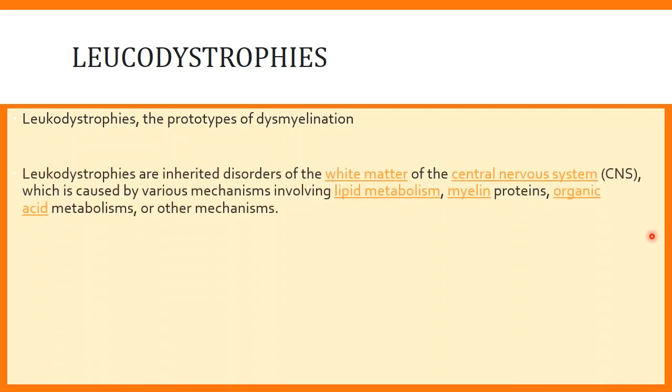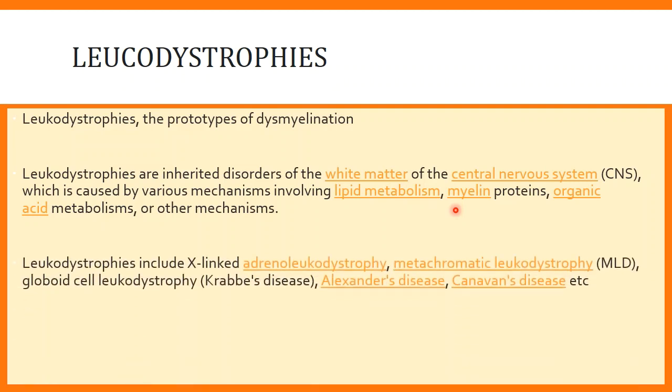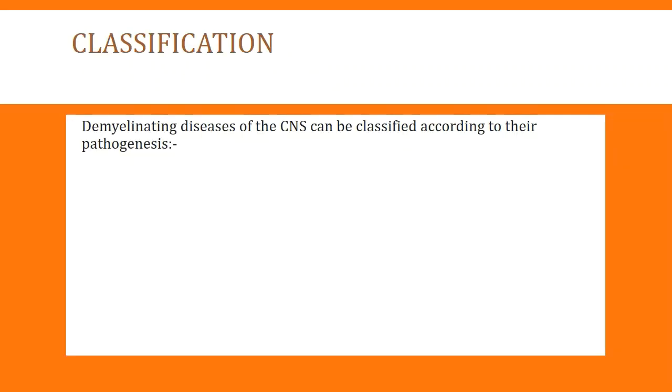Now, the inherited disorder of the white matter of the central nervous system is caused by various mechanisms involving the lipid metabolism, myelin protein, organic acid metabolism, or other mechanisms as well. It involves diseases like the X-linked adrenoleukodystrophy, metachromatic leukodystrophies, globoid leukodystrophy, or we all know as Krabbe disease, Alexander's disease, Canavan's disease, etc.